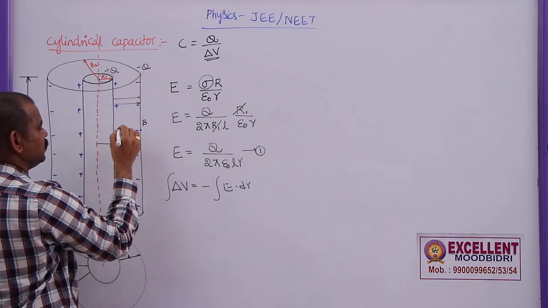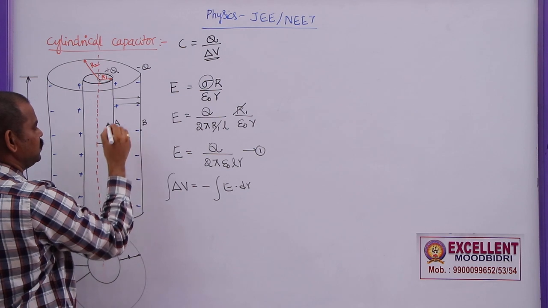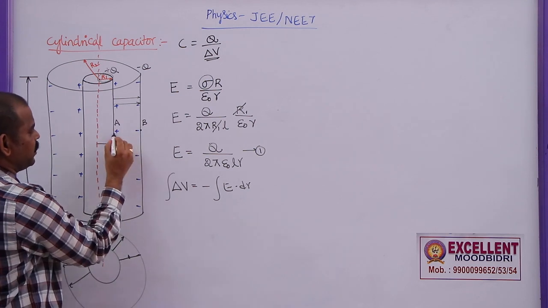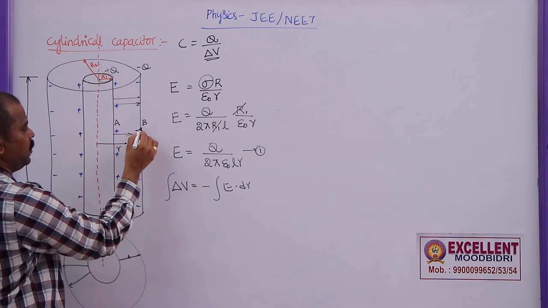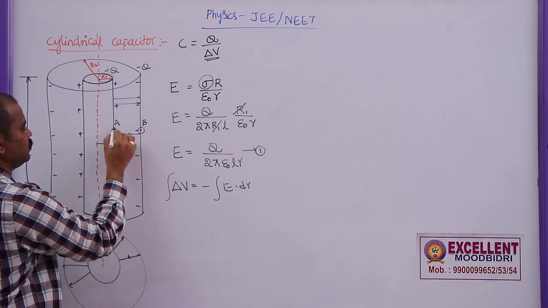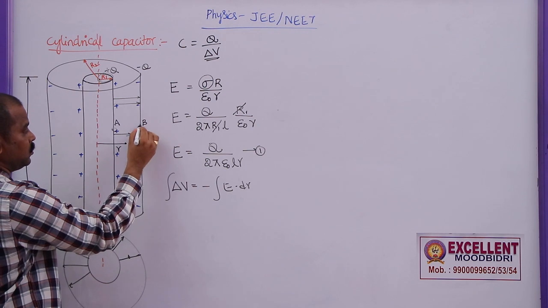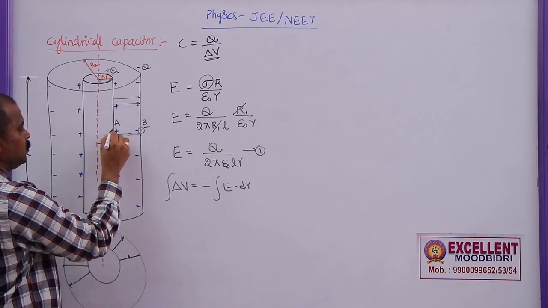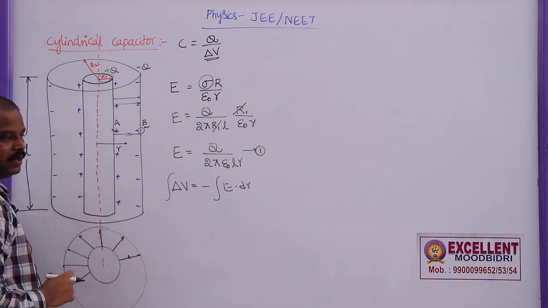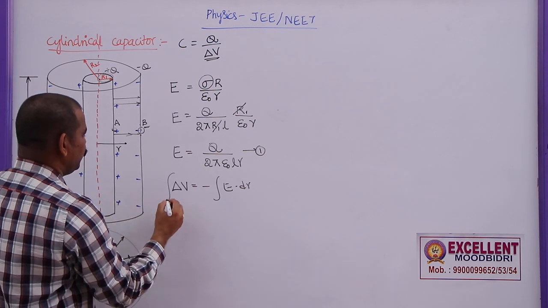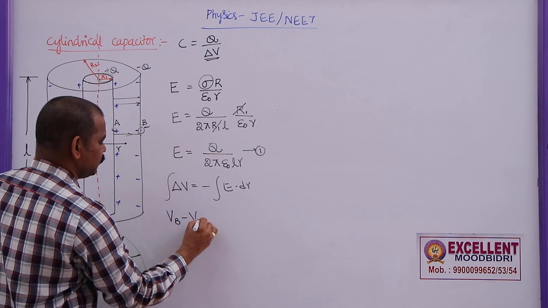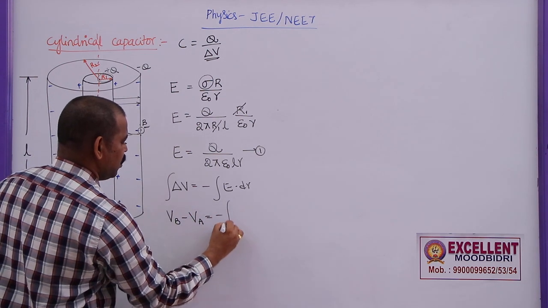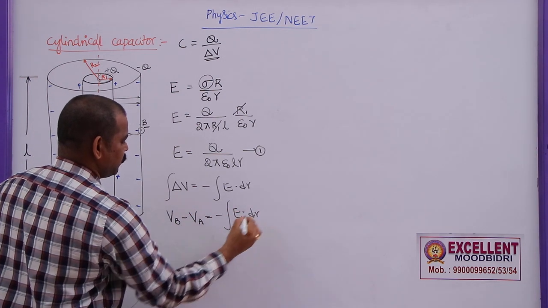Let me take this cylinder as B, this cylinder as A. As we are moving from positive to negative charge, the final potential is VB, the initial potential is VA. That is, potential on the outer surface I am taking as VB, potential on the outer surface of the inner cylinder I am taking as VA. So, what am I going to write? VB minus VA is equal to minus integral E dr.